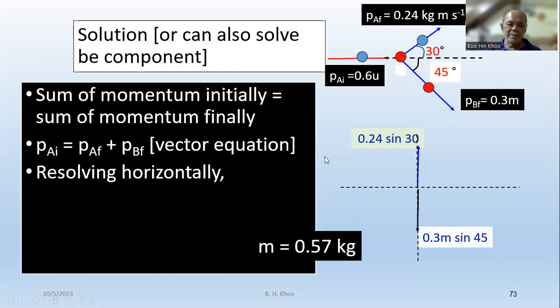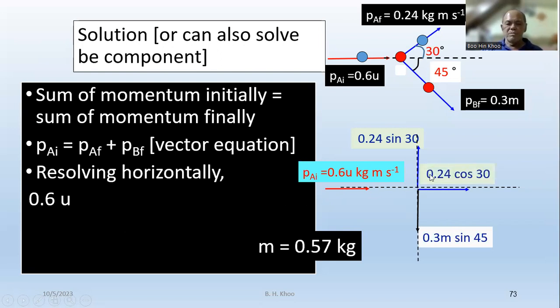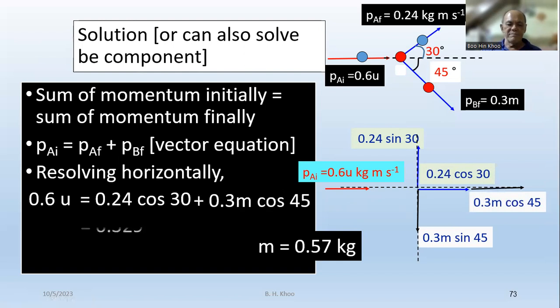As we will do here, resolving horizontally, 0.6u is this one, equals 0.24 cos 30, and the other one is 0.3 m cos 45. M is given, and we already calculated it before. So put in the value and calculate. From there, you can calculate our u.